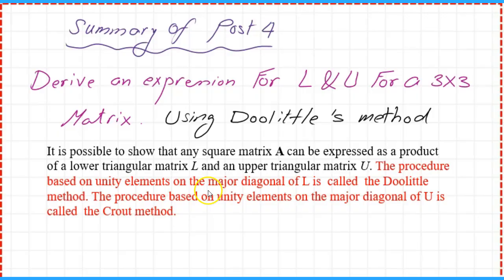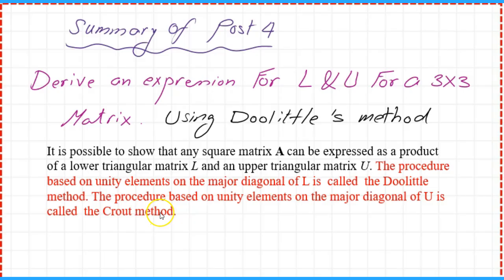And here is the difference between Doolittle's method and Kraut's method. It is possible to show that any square matrix can be expressed as a product of a lower matrix L and an upper matrix U, in the case that it is invertible.